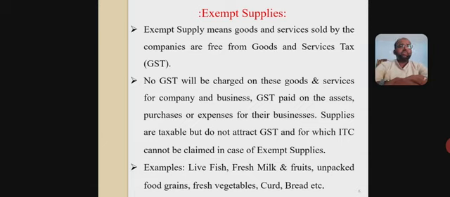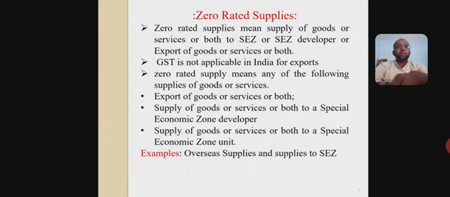Under exempt supplies there is no tax on outward supplies. The best examples are live fish, fresh milk, fruits, unpacked food grains, fresh vegetables, curd, bread, etc. These are examples of exempted supplies. Nil rated supplies and exempted supplies are similar, but the provisions are different.